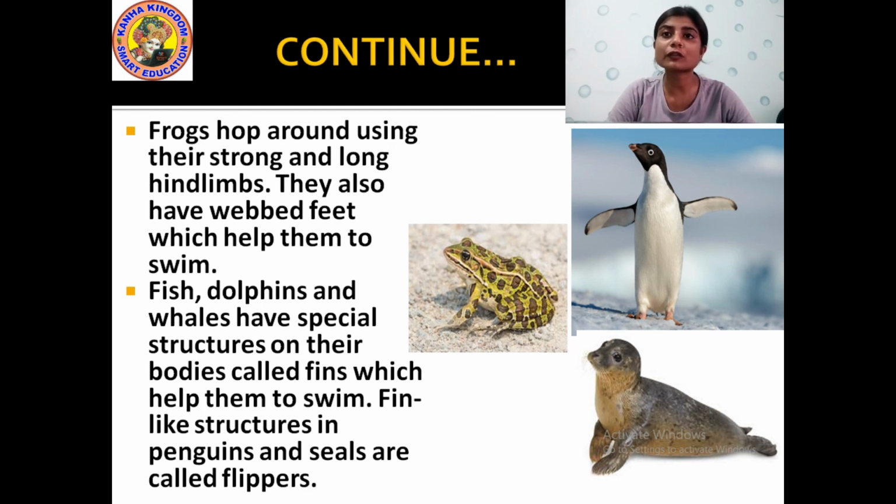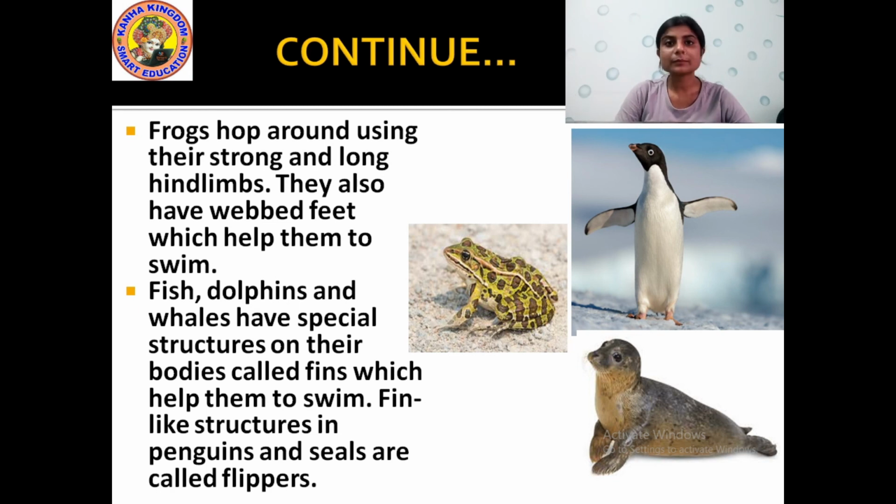Frogs also have 4 limbs, the front limbs and the hind limbs. They use their hind limbs to hop, that means to jump. Their feet are also webbed, which helps them to swim inside the water.